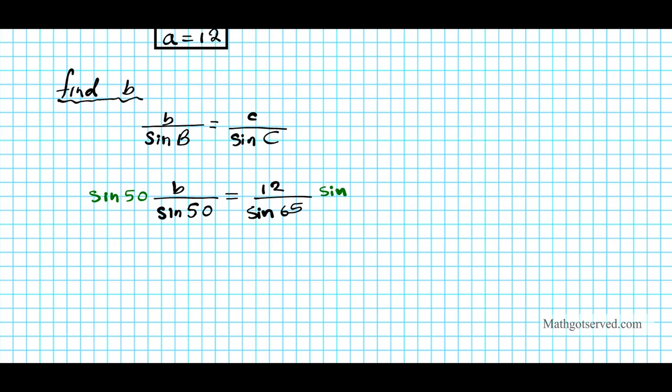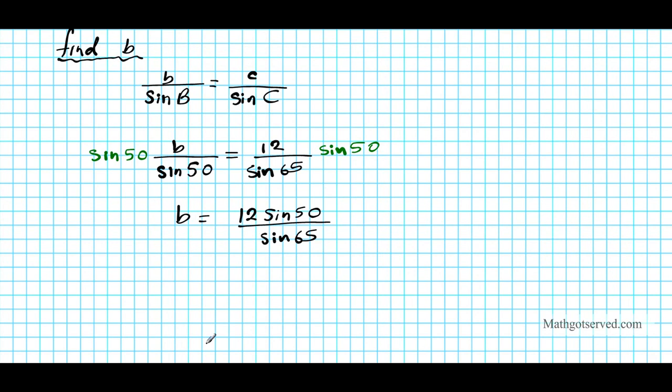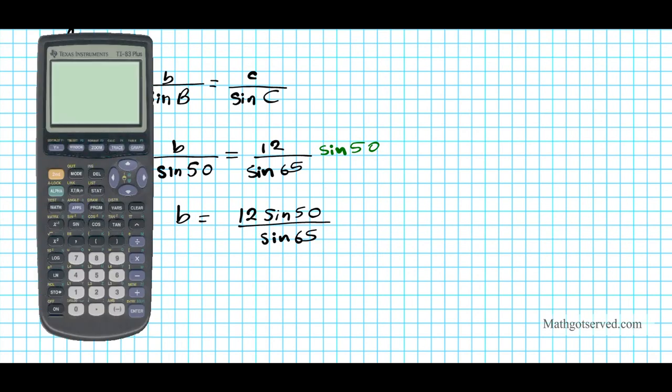That gives us little b equals 12 sine 50 over sine 65. We just plug that into our calculators, and that will give us our answer. We'll round it to two decimal places.